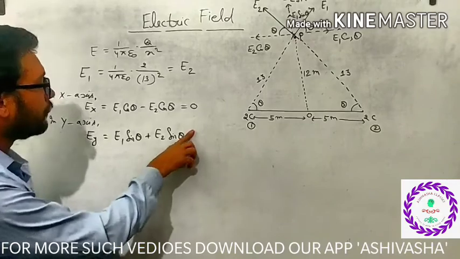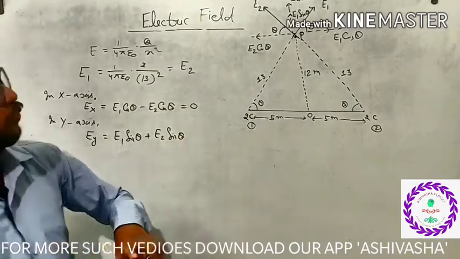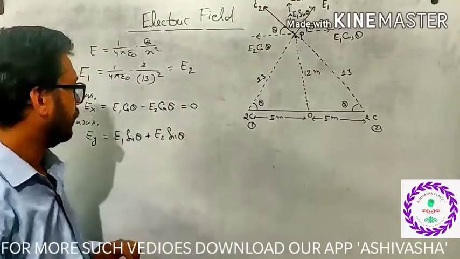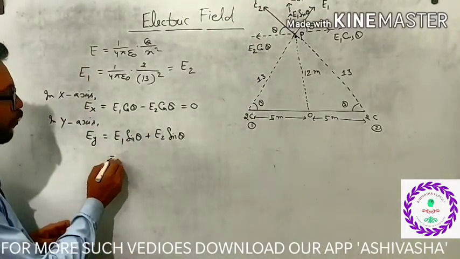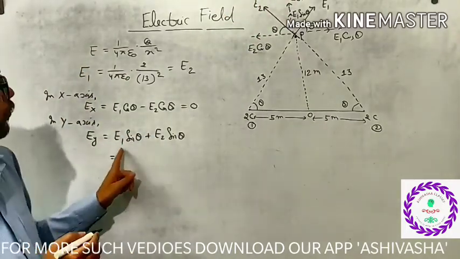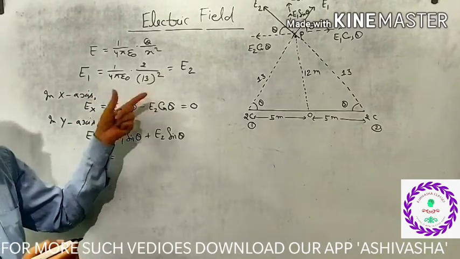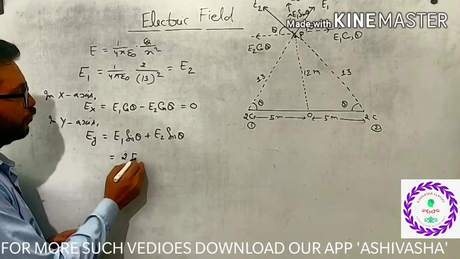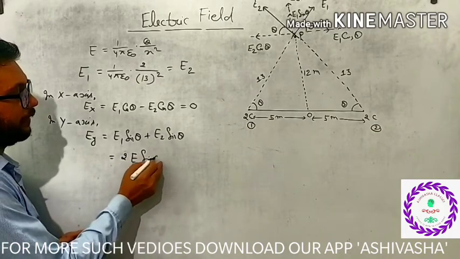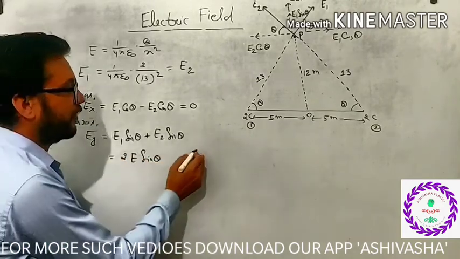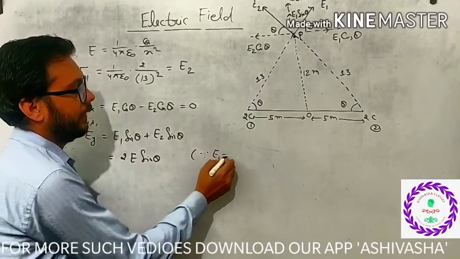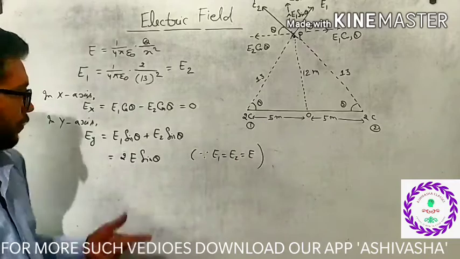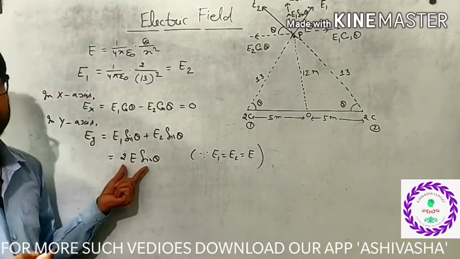Why do we add? Because both are in the same direction. As E1 and E2 are the same in magnitude, we can take it common and write 2E sin theta, considering E1 equals E2 equals E.